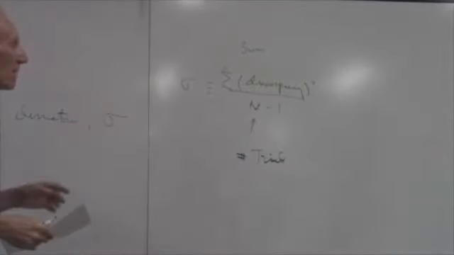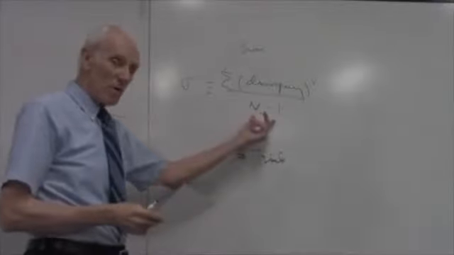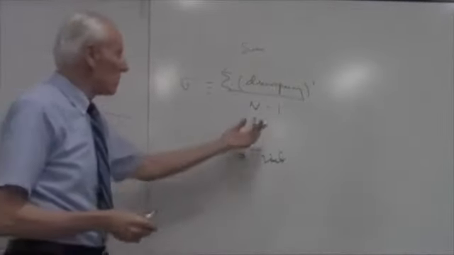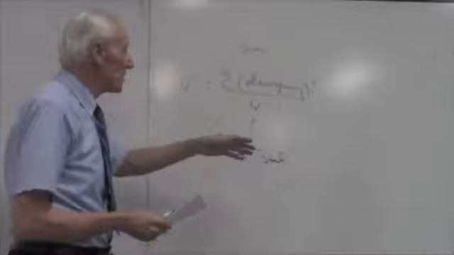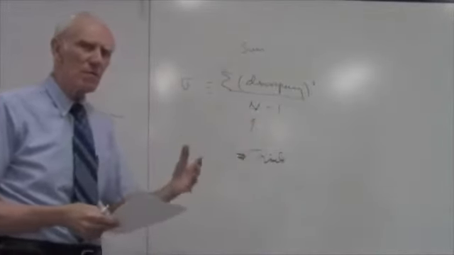Just to be safe, if you take 5 readings, this number would be 4. If you take 100 readings, this number would be 99. There's not a whole lot of difference between 100 and 99. It's a 1% difference, but there's a 20% difference between 4 and 5.